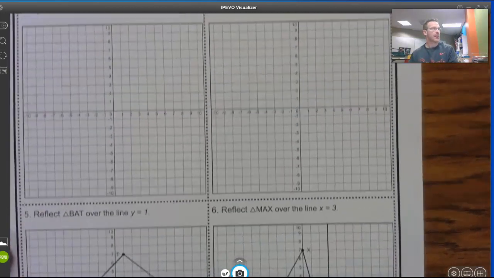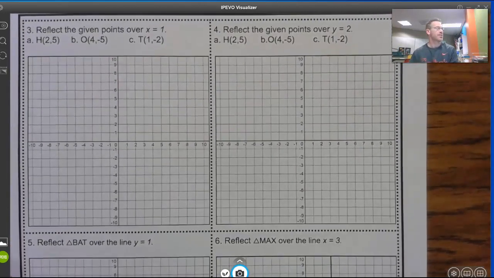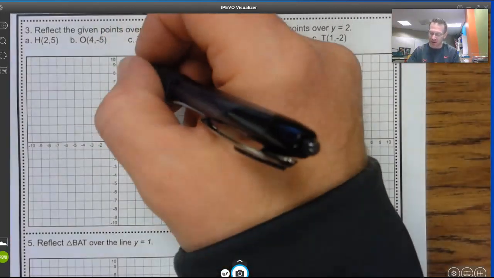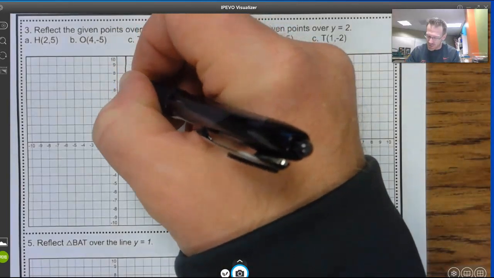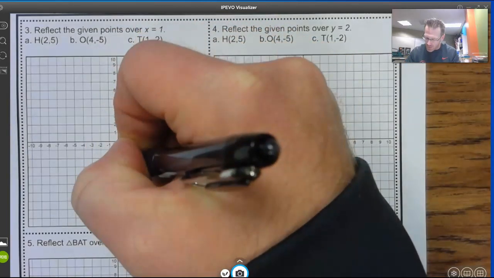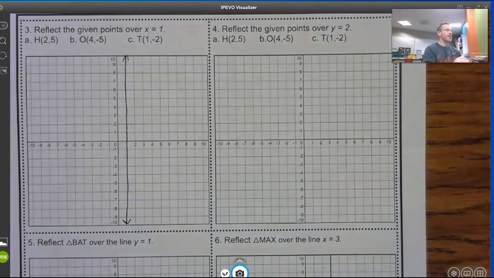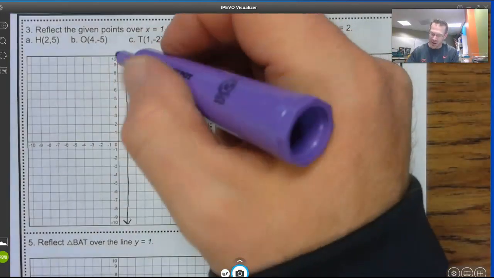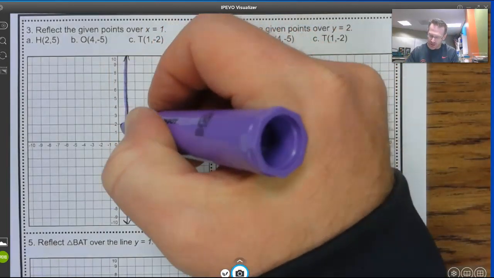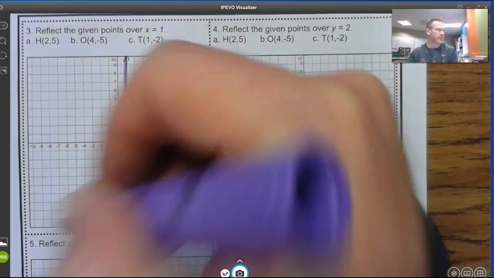Now we're going to reflect these points, but notice this time we're going to reflect over the line x equals 1. I'm going to grab my highlighter and highlight that after drawing it in. So there's our line of reflection.